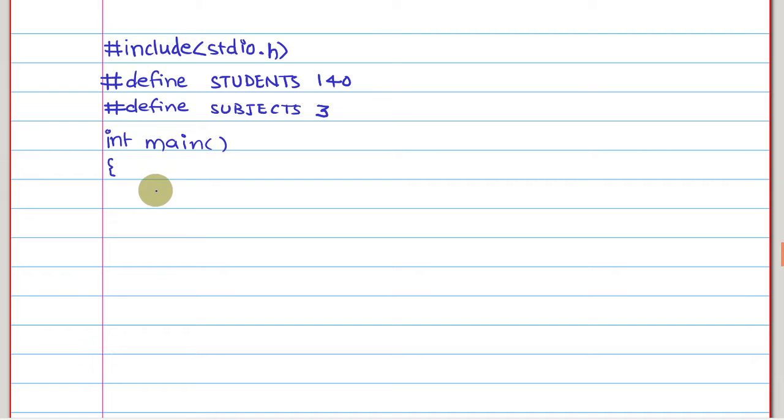So what are the things we need to do? First of all, we need one integer array to store marks of each student. So how many rows should be there? This should be a two-dimensional array, as we already talked, and the number of rows should be equal to 140, which is represented by this constant STUDENTS, and the number of columns in each of these rows should be equal to the number of subjects, right?